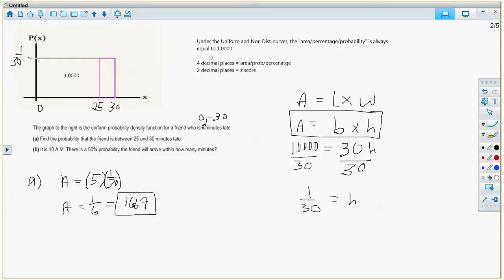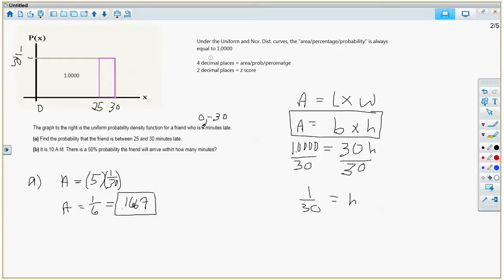Okay? It is 10 a.m. There is a 50% probability the friend will arrive within what? Come on, people, use your common sense. What's half of 30 minutes? 15.